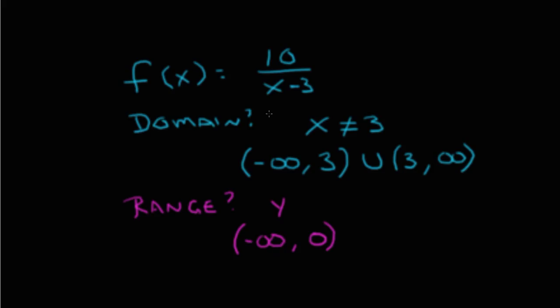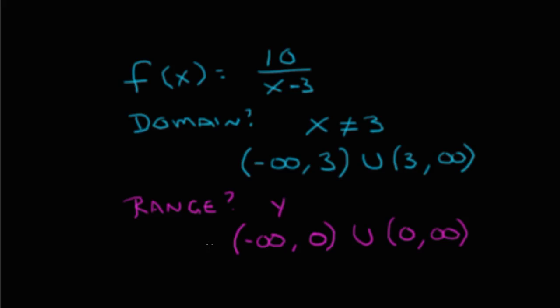As that gets smaller and smaller as a negative number, your y value would get to be a larger negative number. So it can go from negative infinity to 0, and the same would hold true for the other side of it. It can go from 0 to infinity. So the range of this function can be anything from negative infinity to 0, but not including 0, or it can go from 0 to infinity.